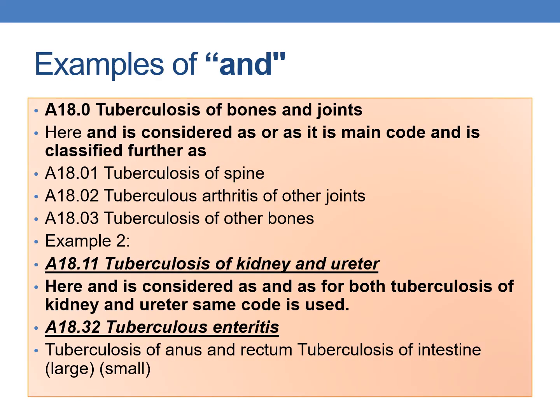Here you can see A18.0 indicates tuberculosis of bones and joints. Here "and" is considered as "or", as it is in the main term and is classified further.